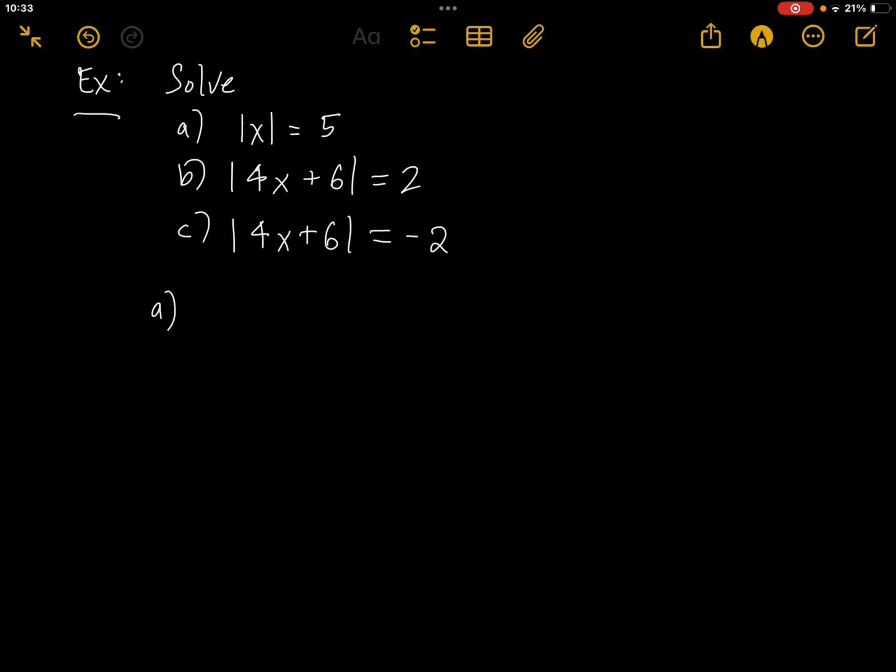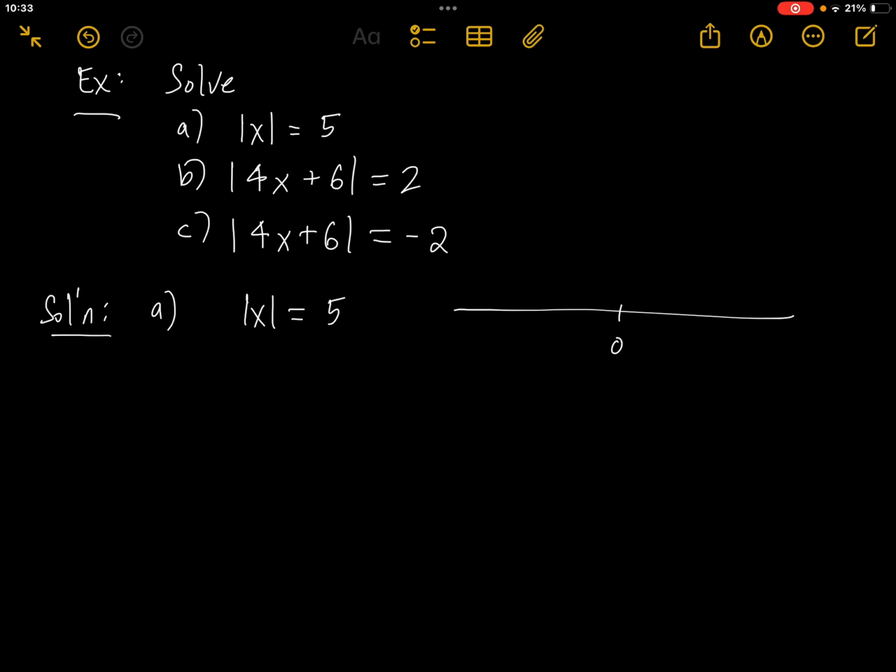So for part A, to say that the absolute value of x is 5, that means that x can be any real number that's exactly 5 units from 0 on the number line. So here's the number line. Here's 0.